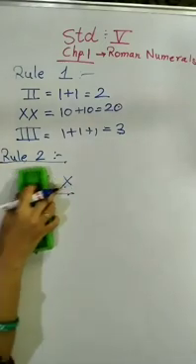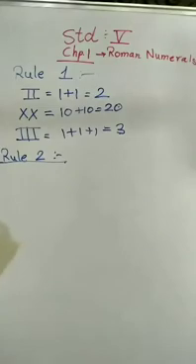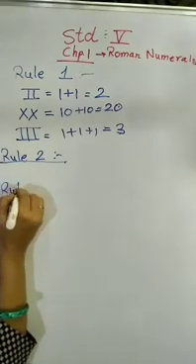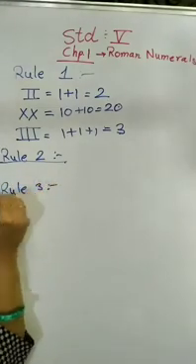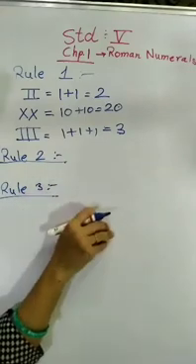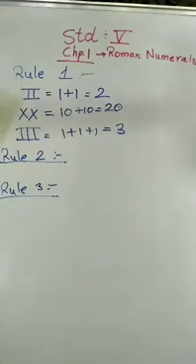Now let's move to rule number 3. When either I or V is written on the right side of a symbol of a bigger number, its value is added to the value of the bigger number.